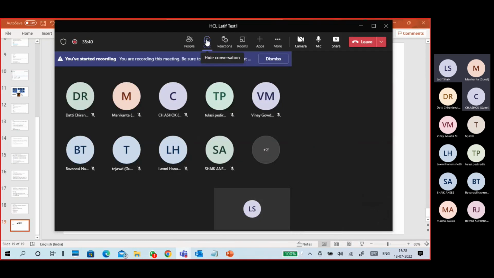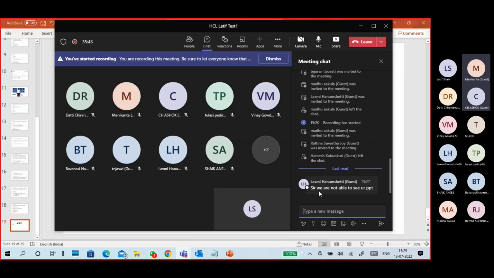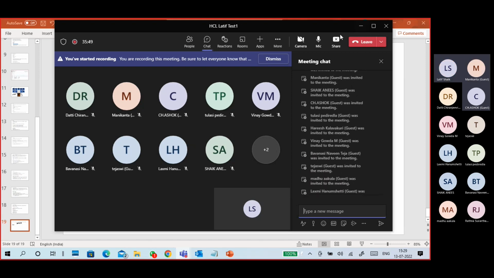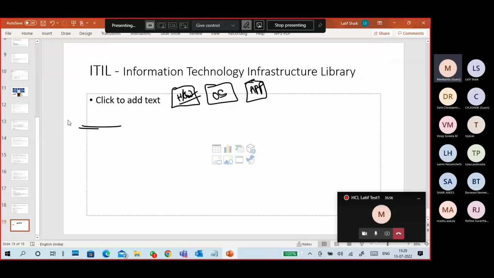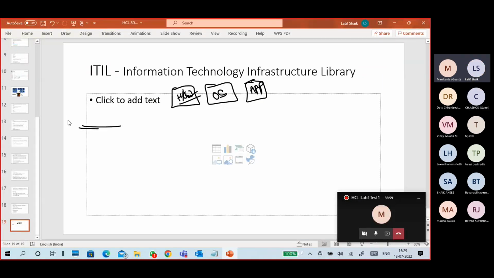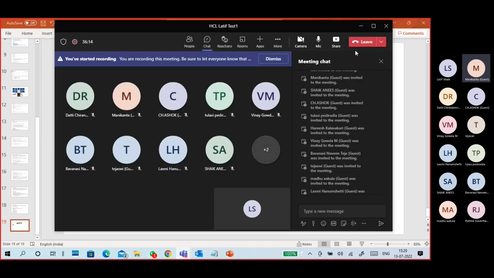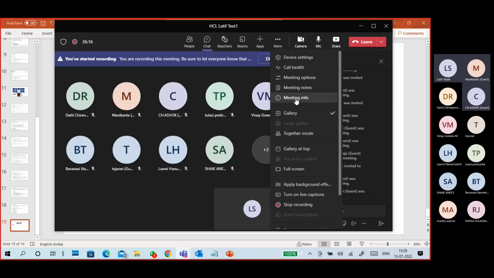Someone put a... the PPT is not visible. One second, why are there so many problems? It's because of the internet connection only. I will check it once. Meeting info.